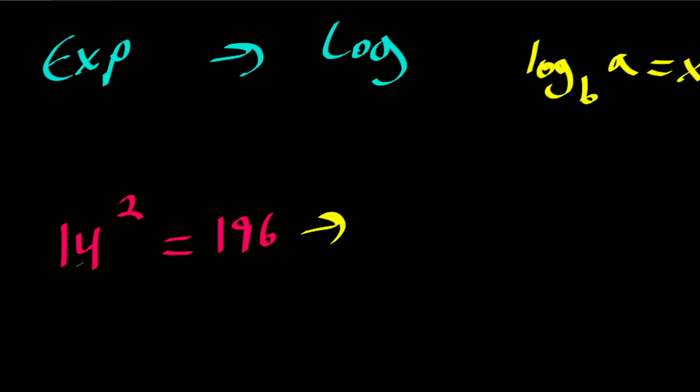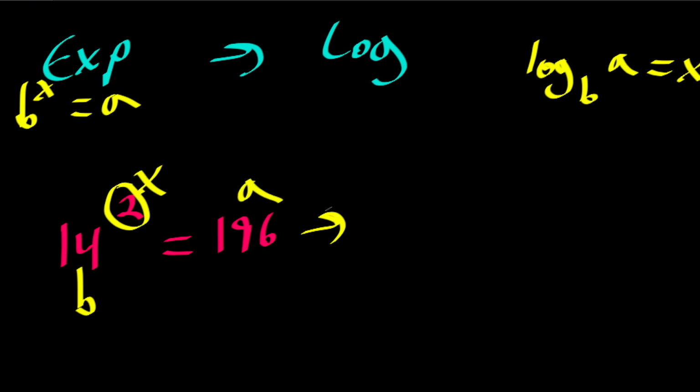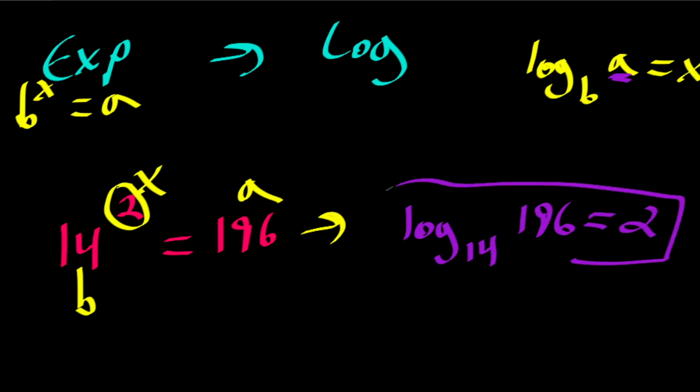So first of all, 14 is our b, that's our base. Remember, if this is b to the x equals a, that means 2 is now x, which means 196 is a. So now if we rewrite it, log base 14 of 196, because a comes next, equals our exponent, which is 2. So that's how we could go the opposite direction.